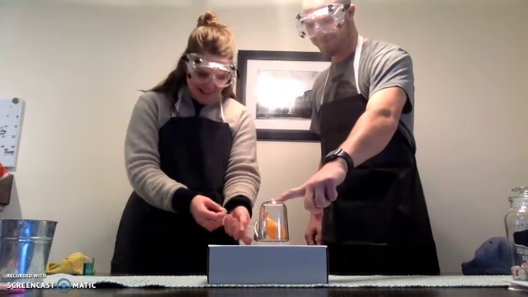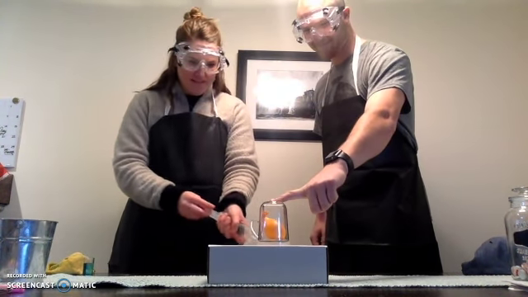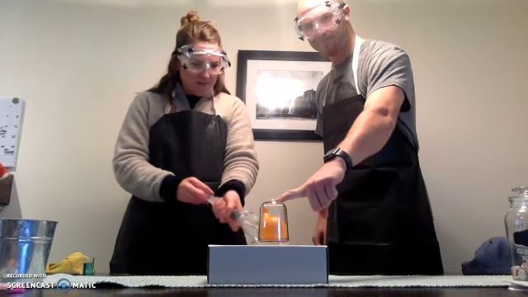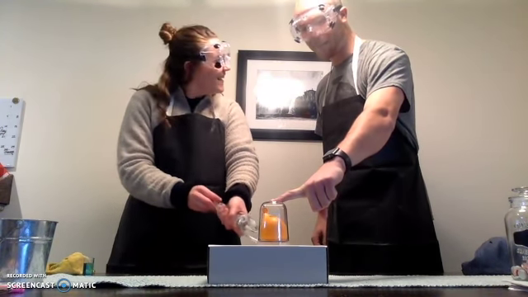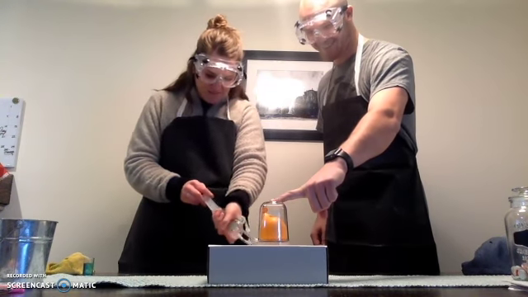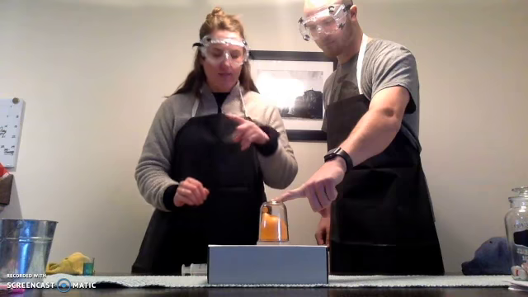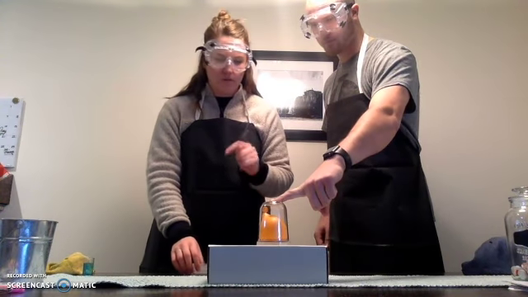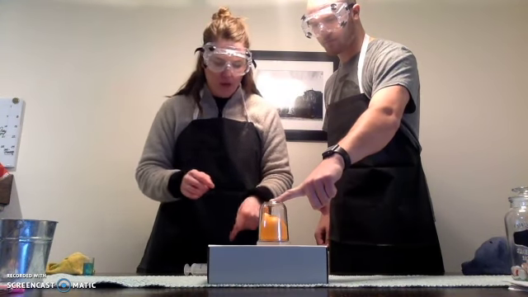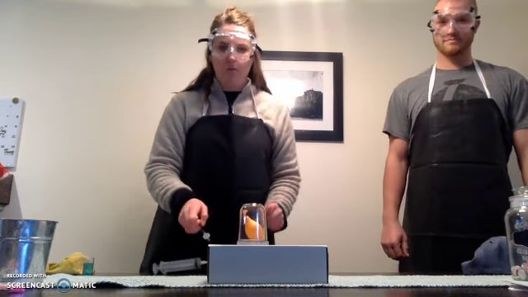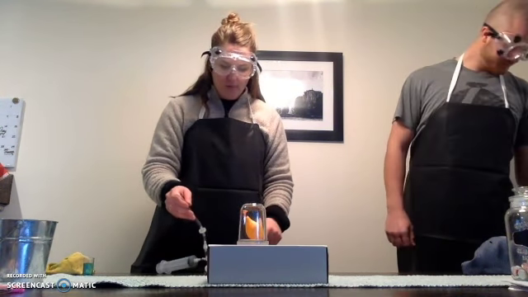All right, let's see. What are you noticing? The balloon got bigger. So the volume goes up as the pressure goes down. Those are inversely related, using Boyle's law. And if I let the pressure go, our balloon goes back to its normal size.